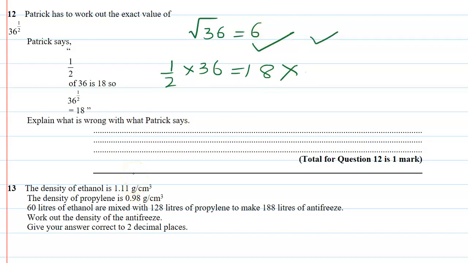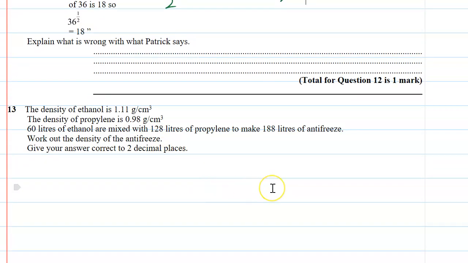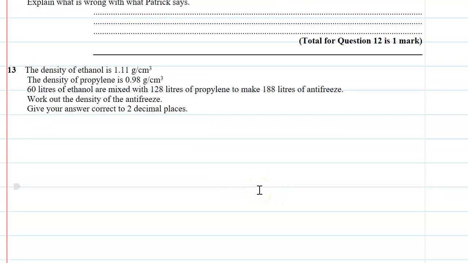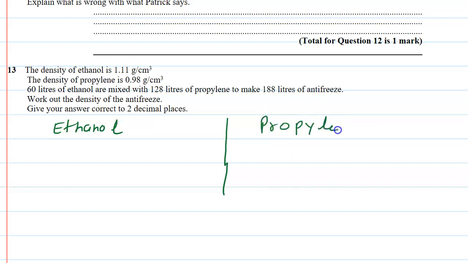Now question number 13. Here it is given density of ethanol. So there are two products, ethanol and propylene. So let's write down here, one side ethanol, other side propylene.